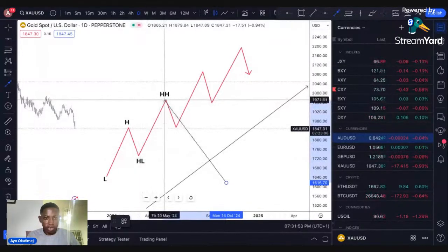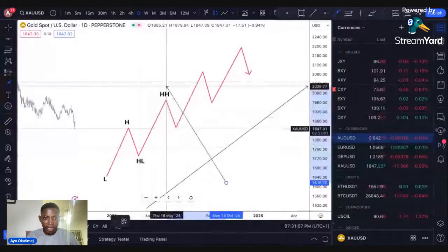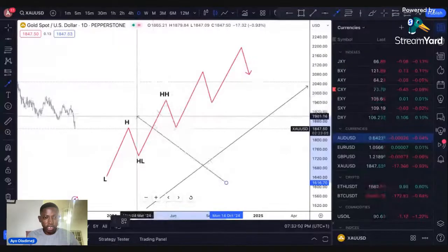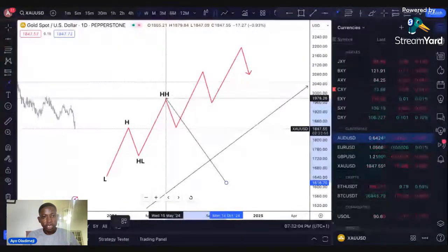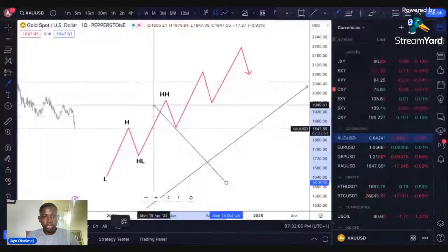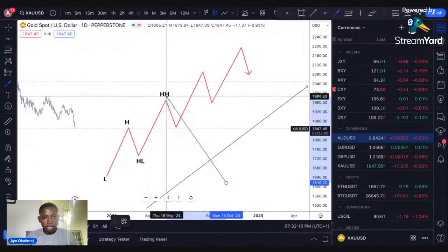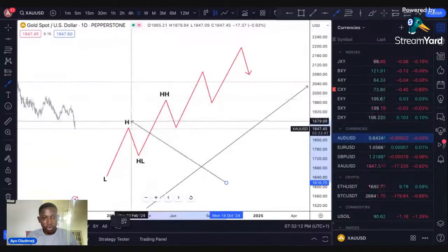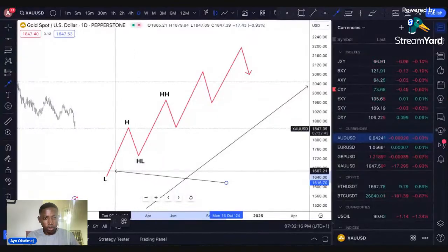Then in relation to this high here, it is also a high, a higher high. So this high is higher than this one, and this low is lower than this one.